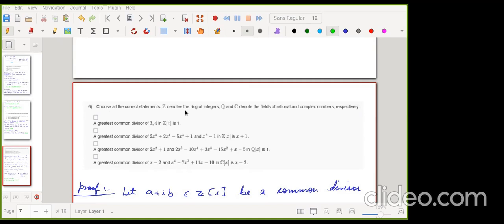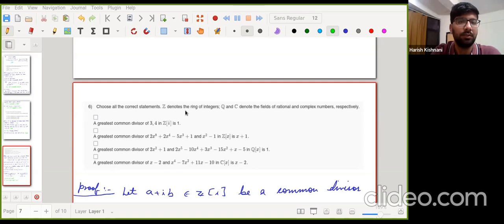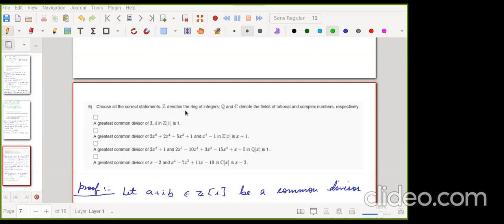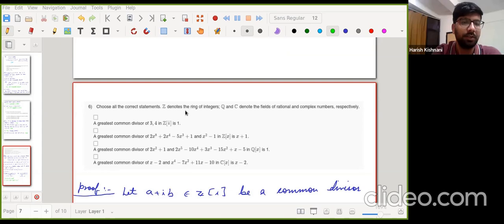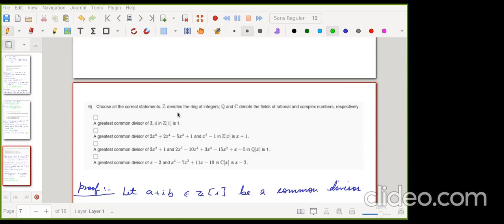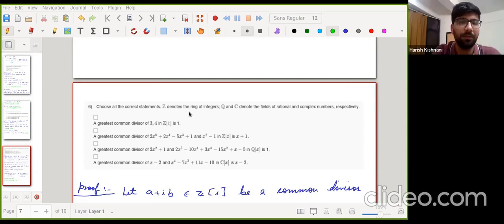But that's not correct. They are not even isomorphic as groups, so they cannot be isomorphic as rings. So D is not correct.